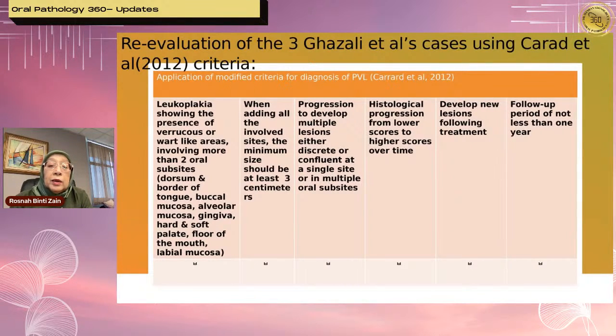Then, when adding all the involved sites, the minimum size would be at least 3 centimeters, then progression to develop multiple lesions, and histological progression. And here, they actually also have scores, development of new lesions following treatment, and follow-up period. So this satisfies all the criteria. We move on to the next one.